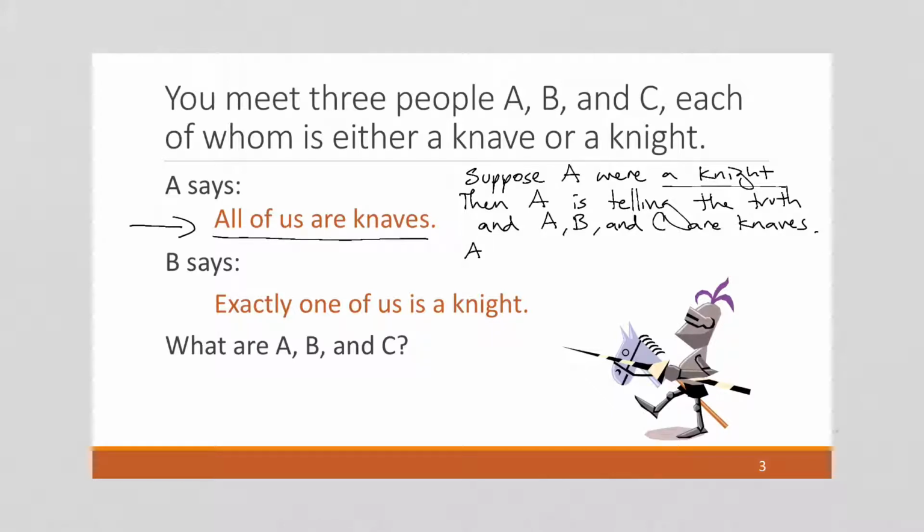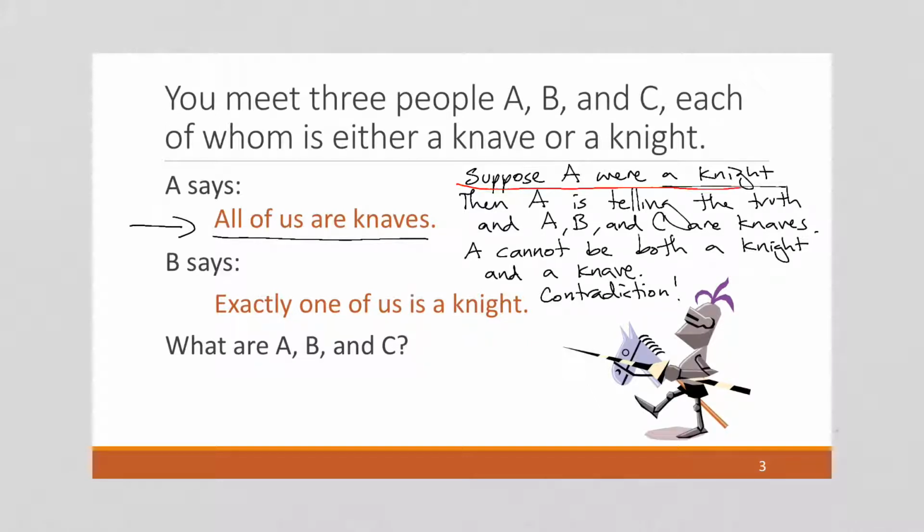But A cannot be both a knight and a knave, so we have a contradiction. And what does it mean when we have a contradiction? It means whatever we supposed at the beginning must be wrong, because this is the only thing we guessed on.